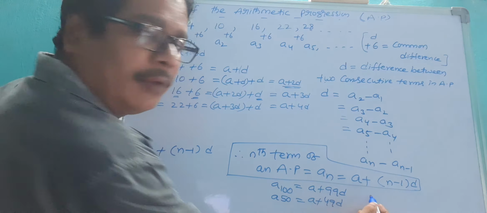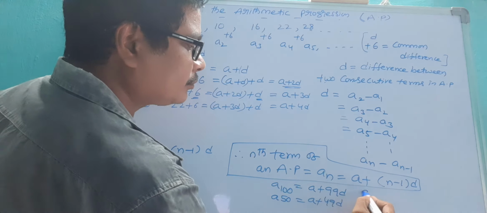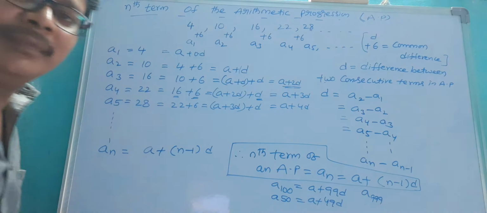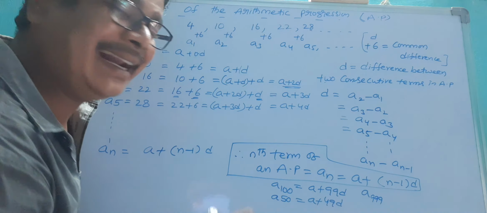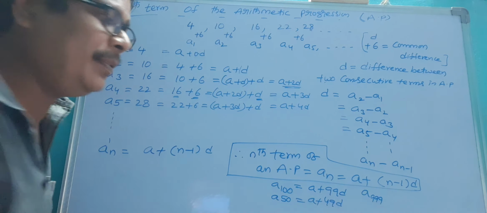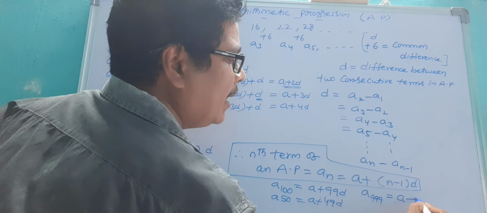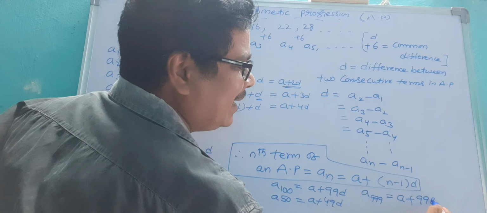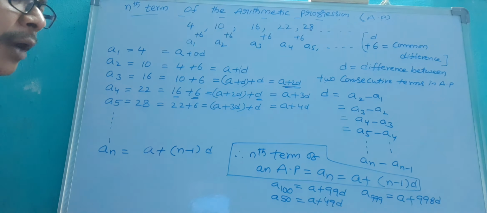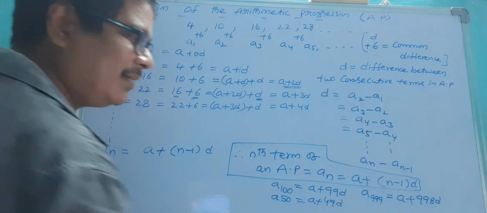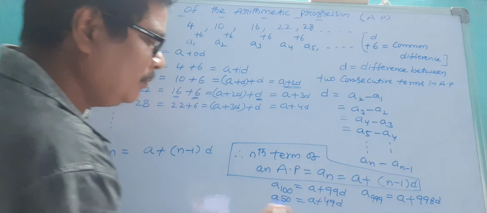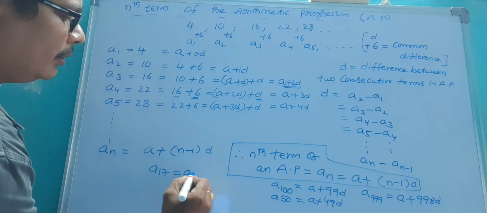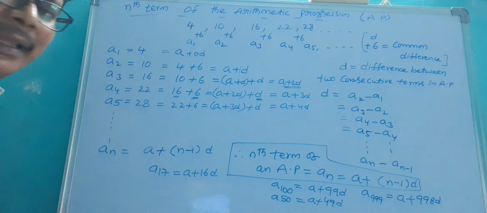If you want to write the 999th term of AP, simply write A plus 998D. If you want to write the 17th term, simply write A17 equal to A plus 16D.